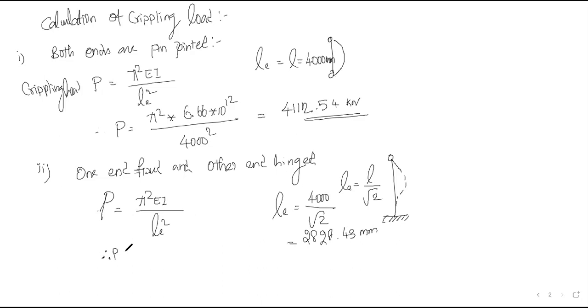Therefore, the P value becomes 8225.1 kilonewton.